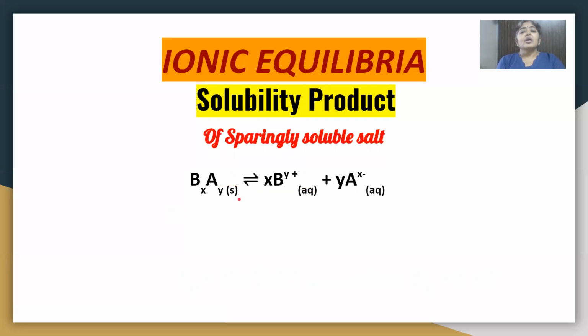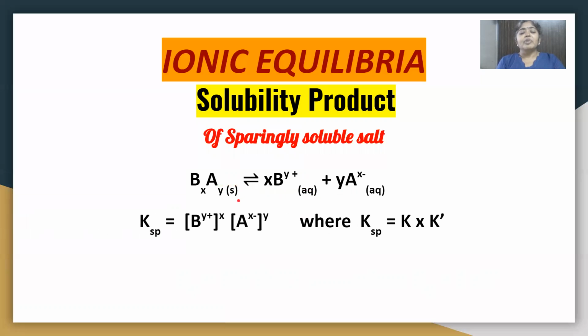Now, if I were to express the solubility product for such a sparingly soluble salt, it would be molar concentration of the B plus ions raised to its stoichiometric coefficient, that is X, multiplied by the molar concentration of the A negative ions raised to its stoichiometric coefficient, that is Y. And this Ksp is nothing but K into K dash, where K dash, we saw, was nothing but the equilibrium concentration of BxAy, the salt itself, which we are assuming to be a constant because this salt is sparingly soluble in water.